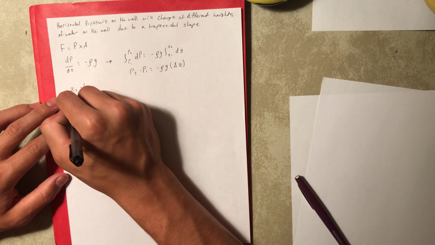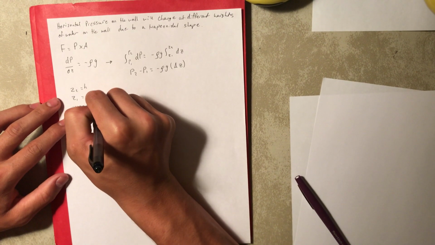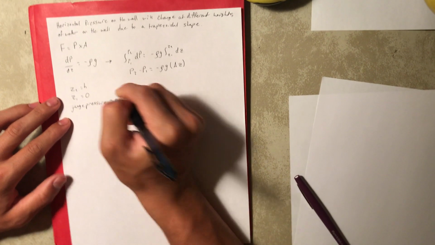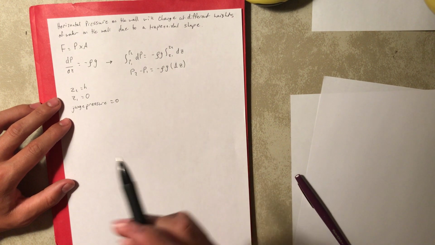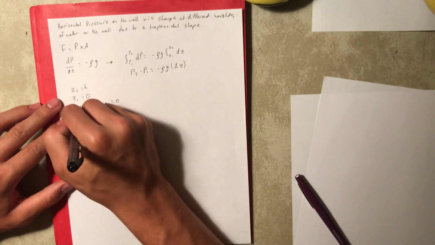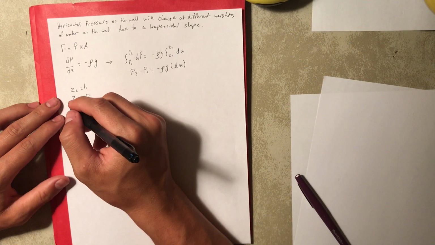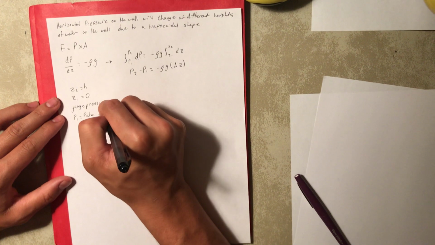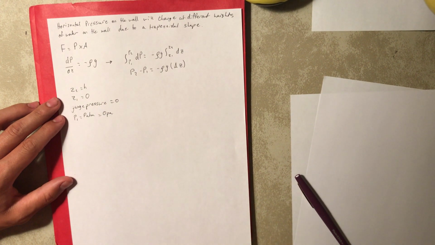So I'm going to write gauge pressure is equal to 0, so that we can say P1 is equal to P atm, which is equal to 0 Pa. So Z1 can equal 0.